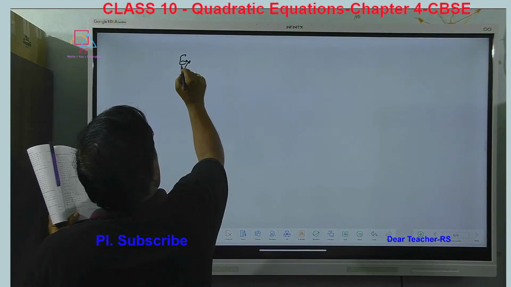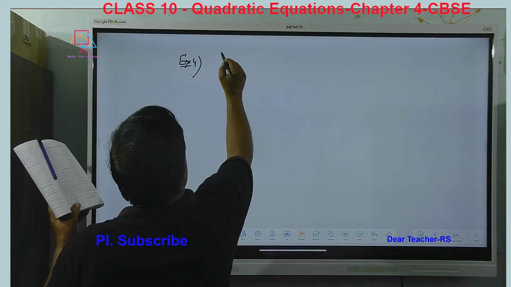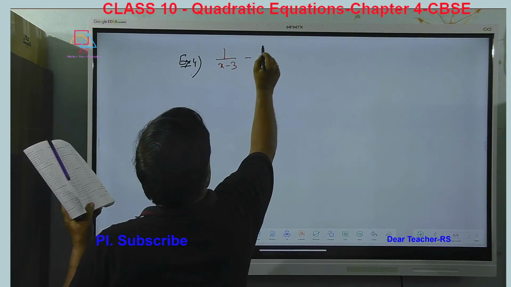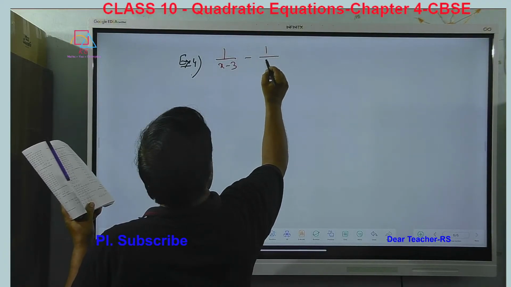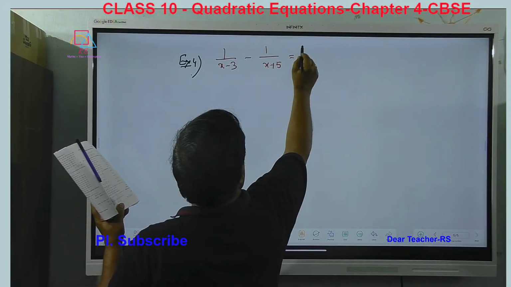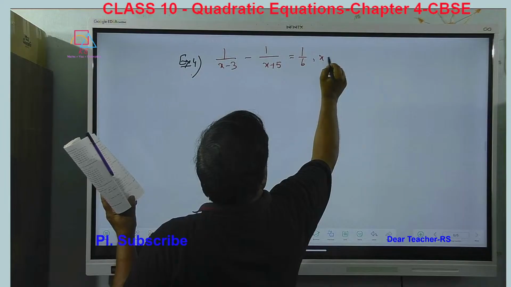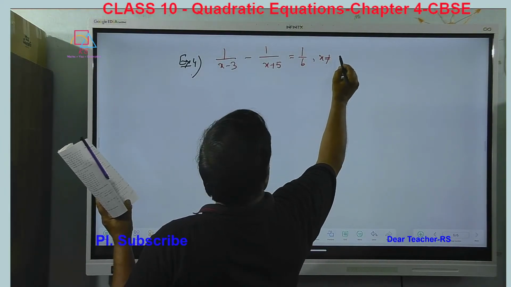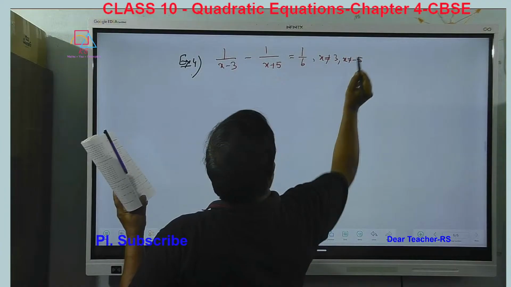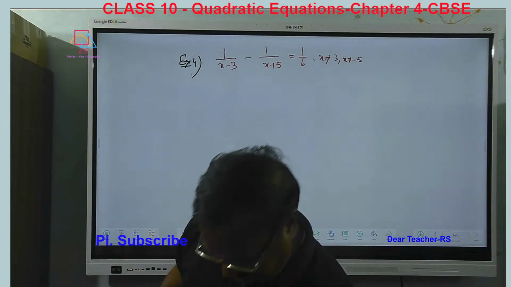Example 4: 1 upon x minus 3 minus 1 upon x plus 5 is equal to 1 upon 6, where x is not equal to 3 and x is not equal to minus 5. This is the question.